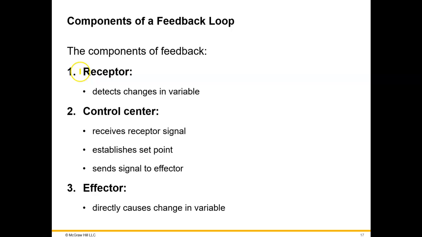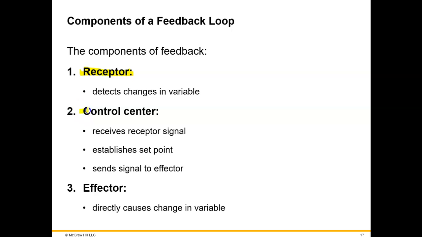Well, it does it by using a feedback loop, and a feedback loop consists of 3 parts: a receptor, which receives or detects changes in the variable. For example, the variable could be body temperature.